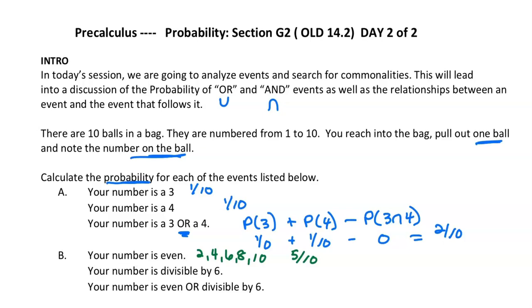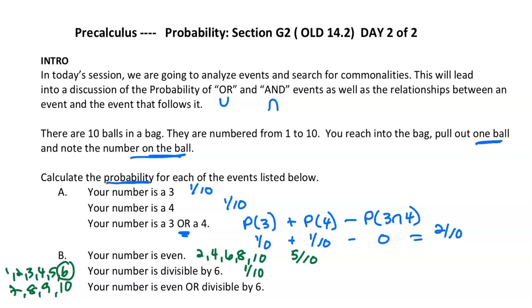So 1 out of 10 times you will get a number divisible by 6. When they say divisible, they mean evenly. There's no other number besides 6 that's divisible by 6.